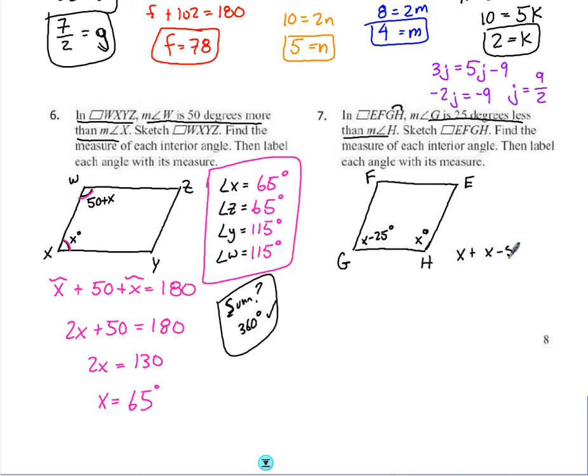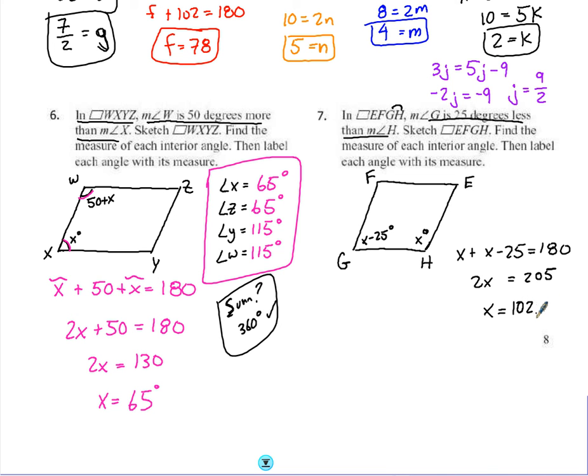First thing I'd probably do is combine my like terms and add 25 to both sides. When I add 25 to 180, I end up with 205. And when I divide by 2, I get a decimal, which ends up being 102.5 degrees.